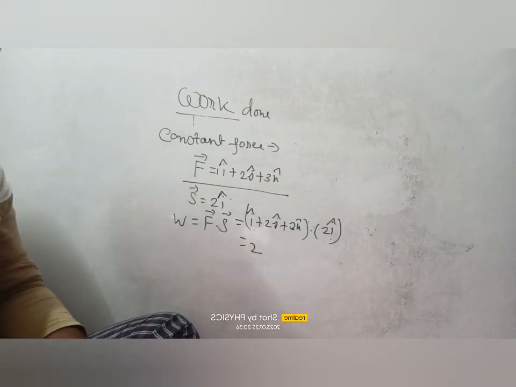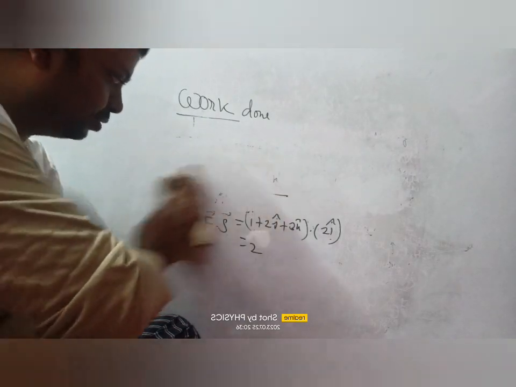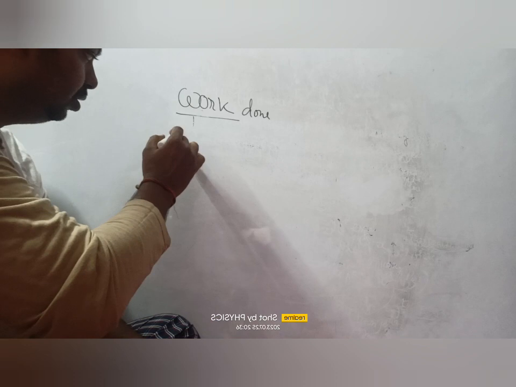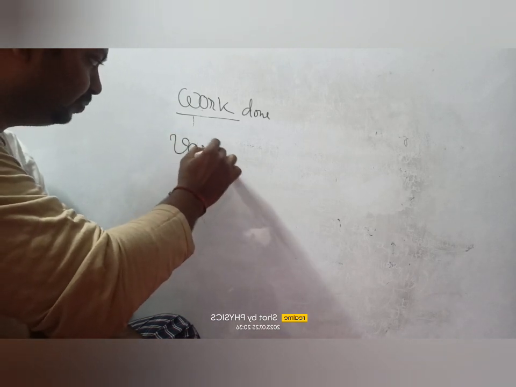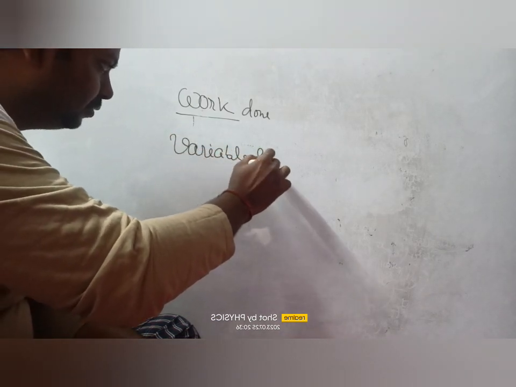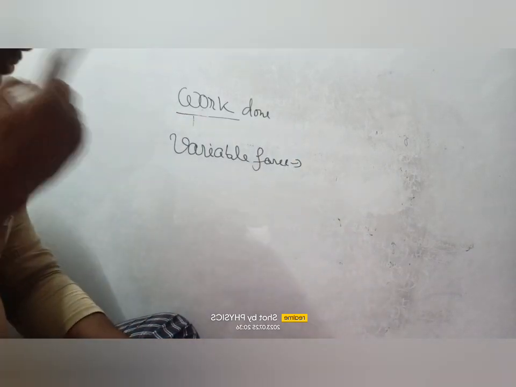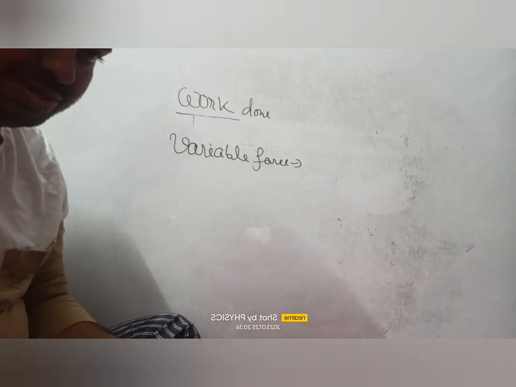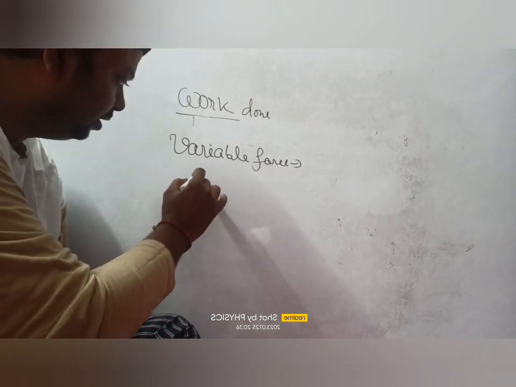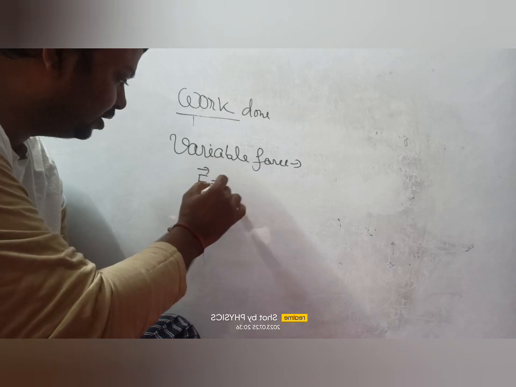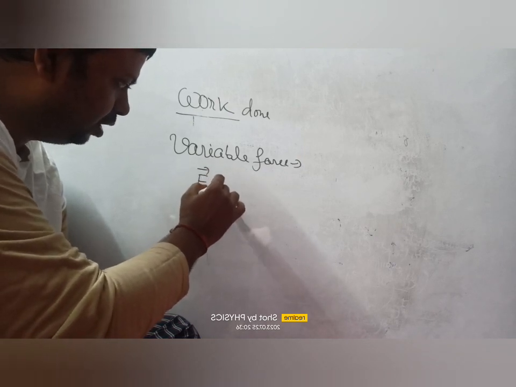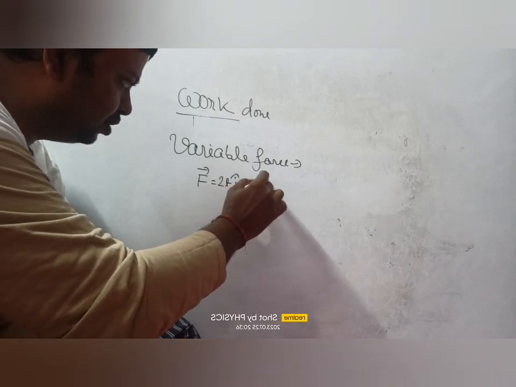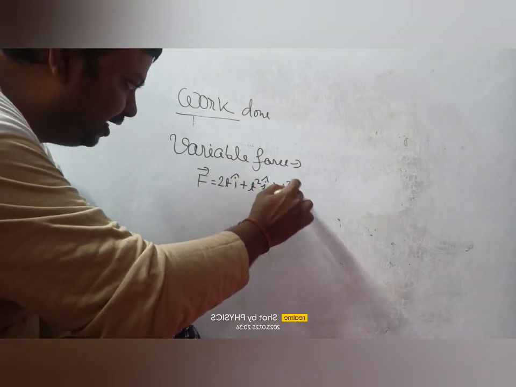Okay, now let's move to the variable force. Variable force is a force that depends on time or distance, etc. Let's write F is equal to 2t i hat plus t square j hat plus t cube k hat.